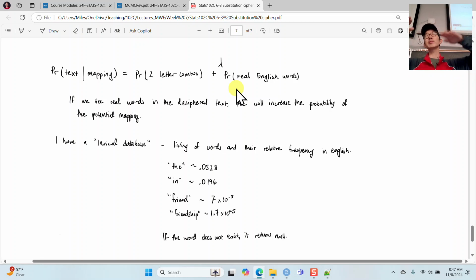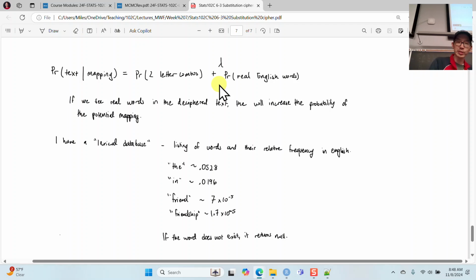Often they will work together, but they might come to different conclusions. We might ask which is more important, the two-letter combinations or the real English words. So lambda says weight this thing more heavily, so that if we encounter real English words, that should be weighted more, or maybe less.